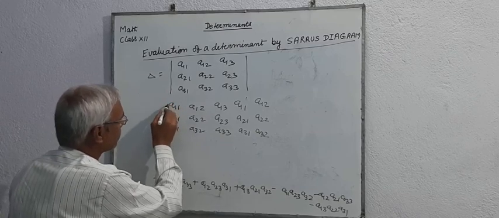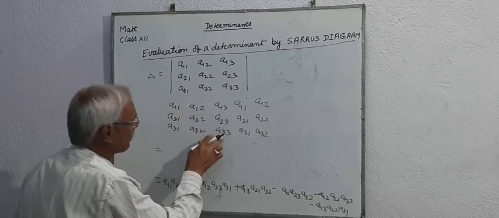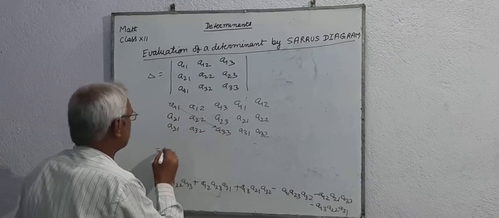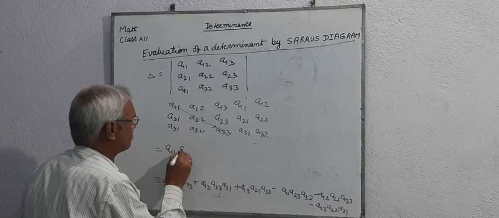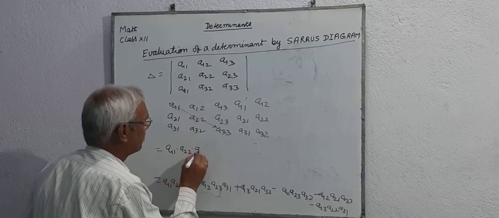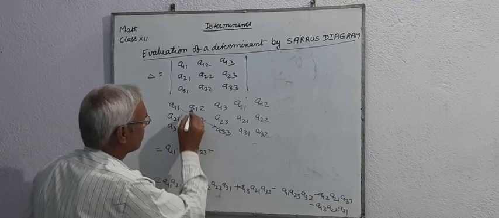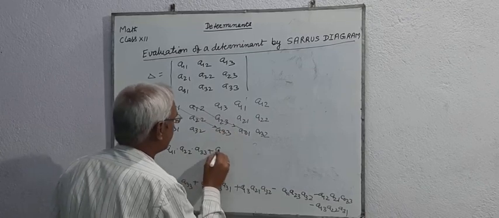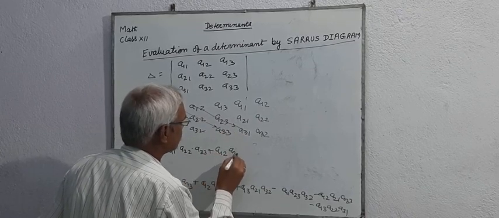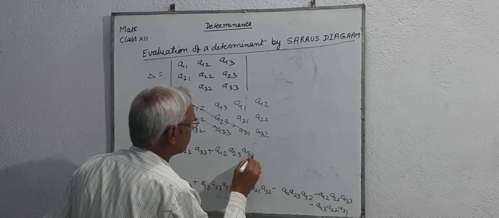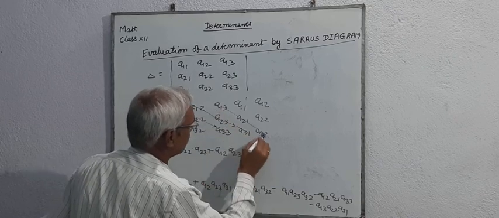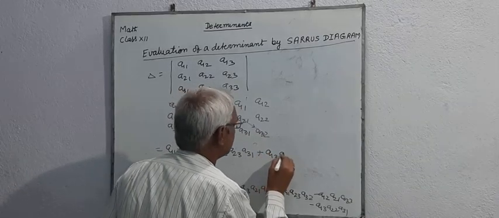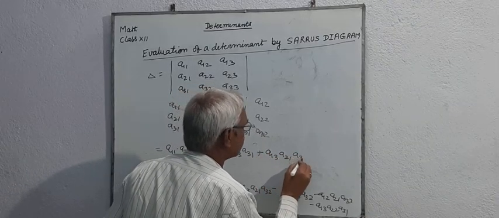On multiplying the top diagonal, we get A11 into A22 into A33, plus second diagonal A12, A23, A31, plus third diagonal A13, A21, A32.